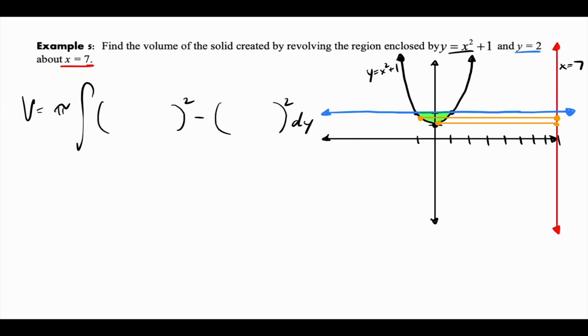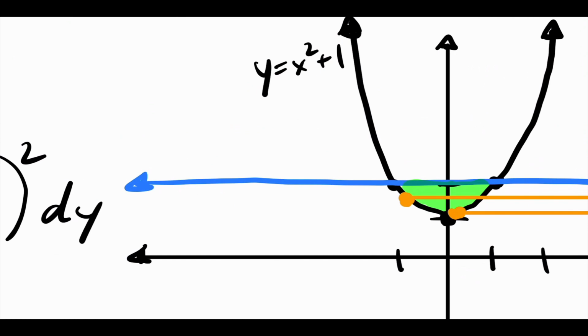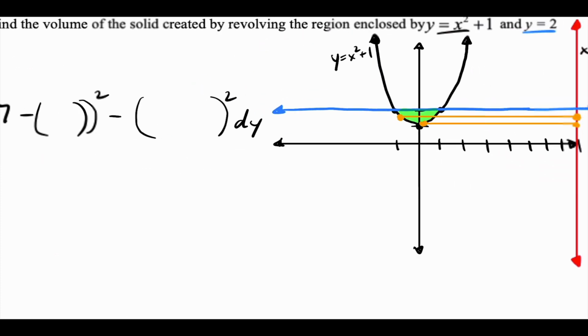Okay. It's dy, so we can't write any x's. The only letters that can be in here, we can't write any y's in here, the other way around. So we have 7 minus, and this guy right here is not with respect to y, it's with respect to x. So we have to solve for x.